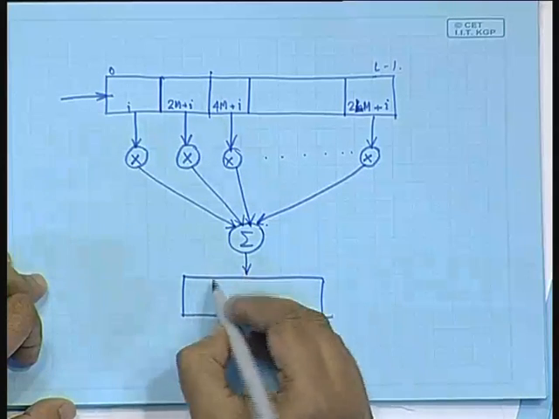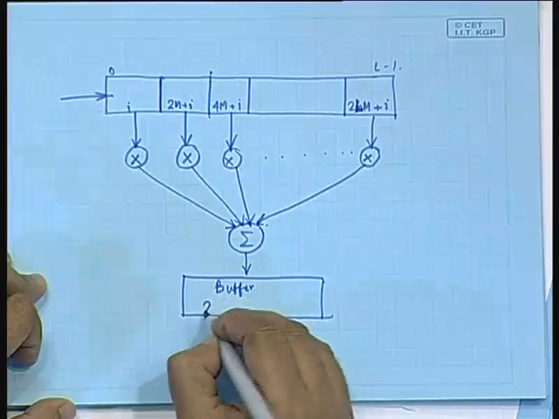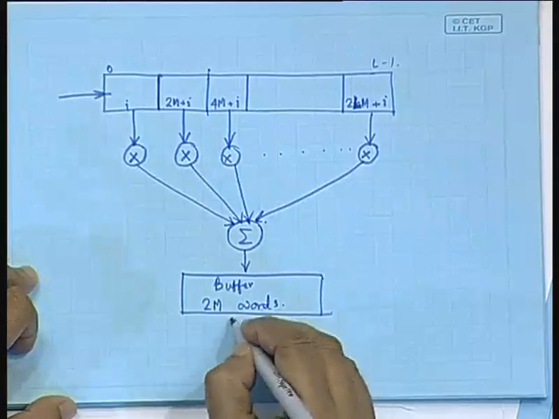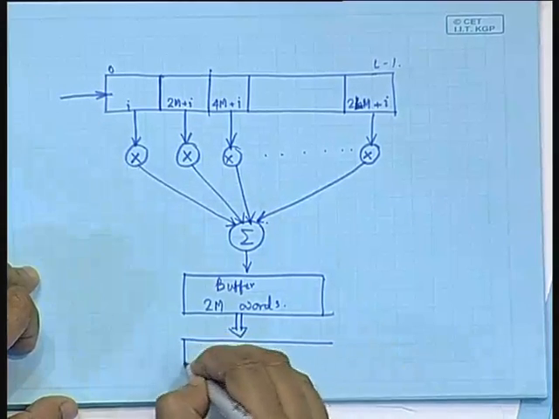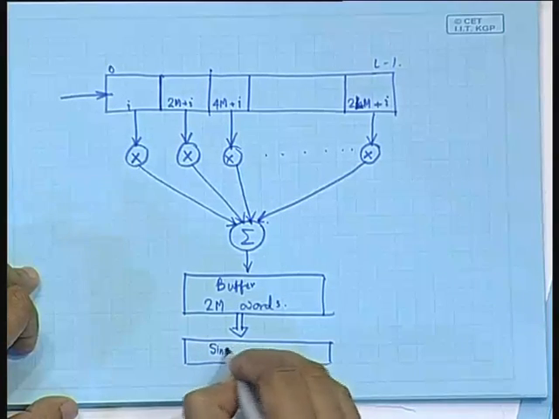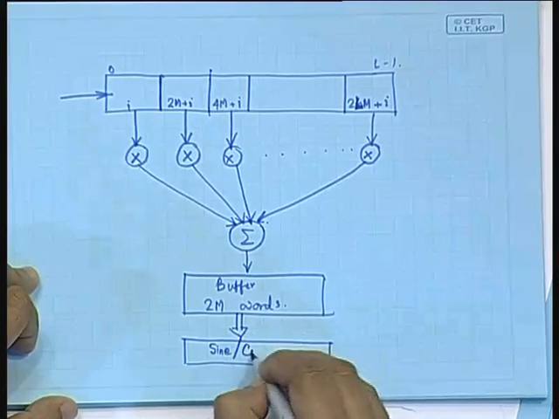of 2m words, and then we apply the sine and the cosine transforms on this, and in fact applying the sine and the cosine transform together is nothing but applying the MDCT. Okay.